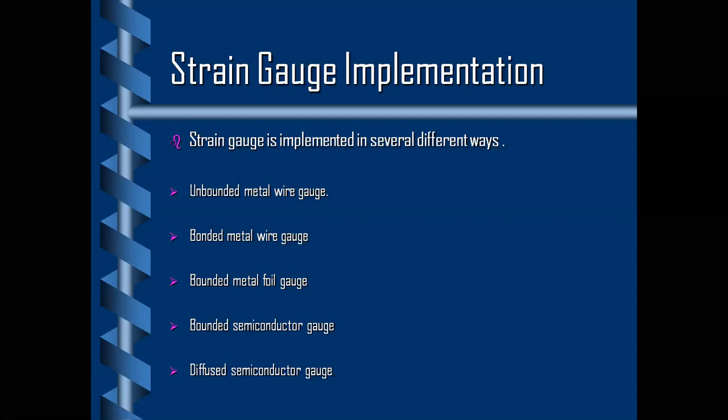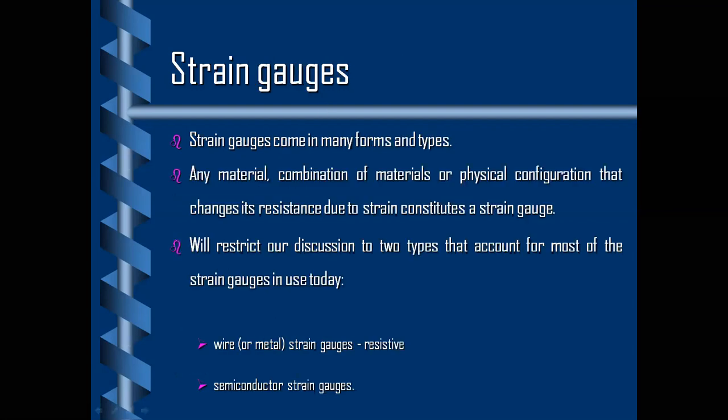These are the methods based upon which you can implement the strain gauge for different applications. Depending on your application, you can utilize the effective technique from all these mentioned techniques. One by one we will see.